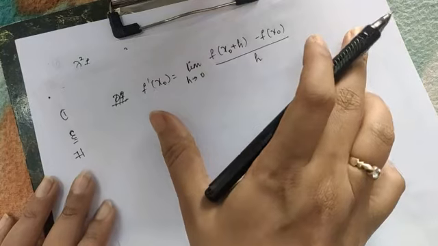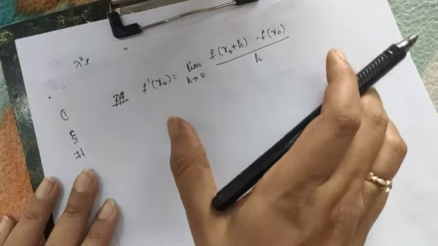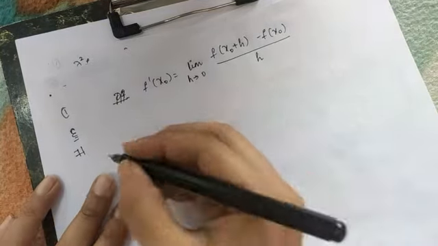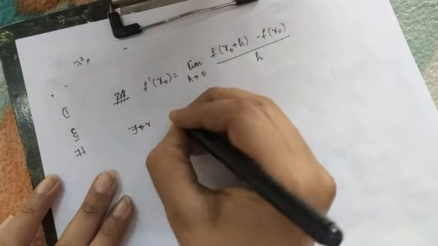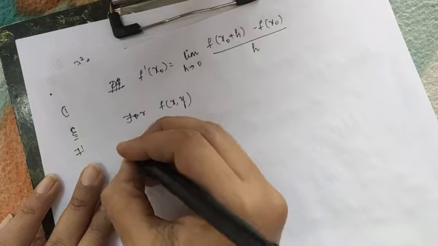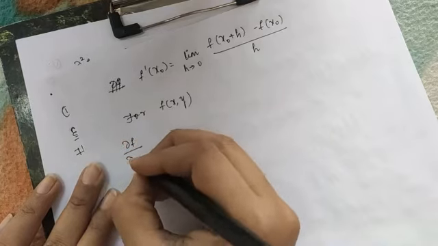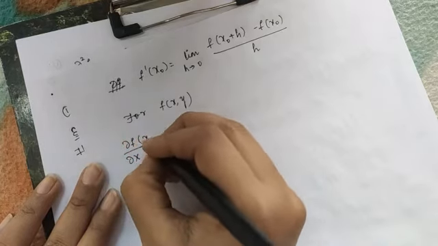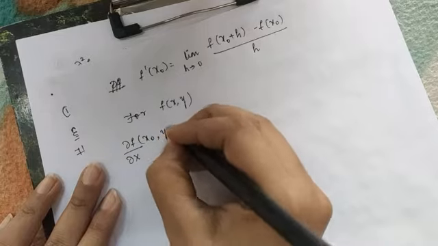So now I have to find the derivatives of the function for two variables. For f of x comma y I can write dou f by dou x at x0 comma y0.